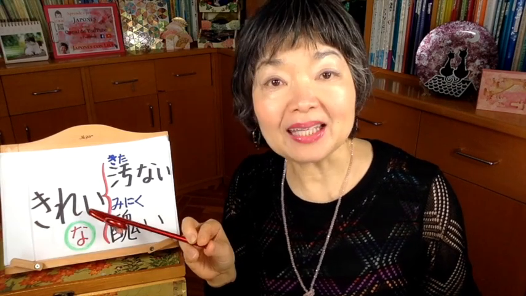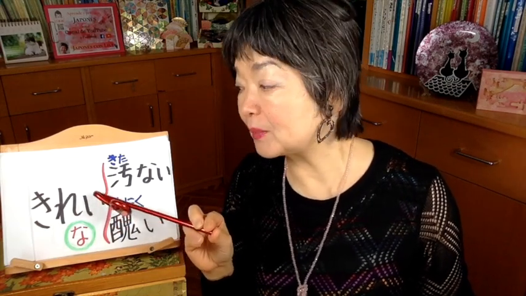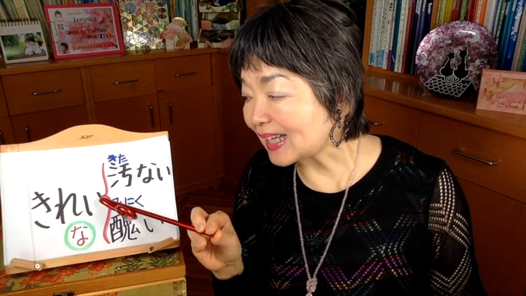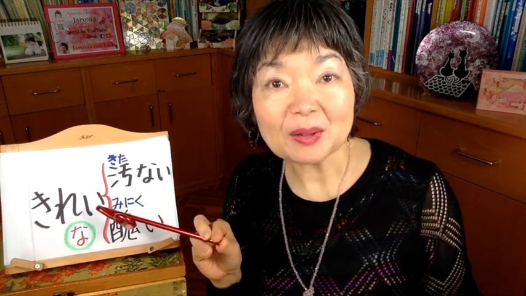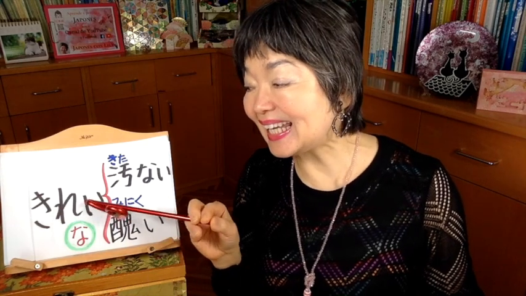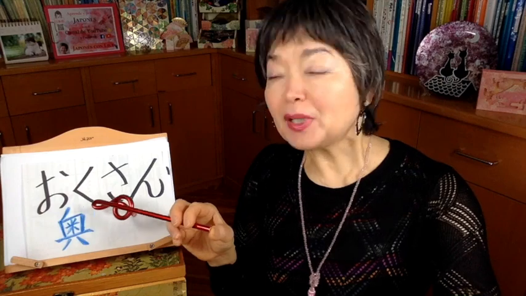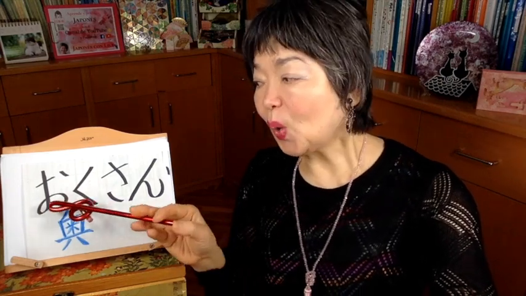But many people confuse きれい because it ends with い, but this is not い形容詞, this is な形容詞, きれいな. Let's see how to use it. Do you remember this word? 奥さん. This is somebody else's wife.